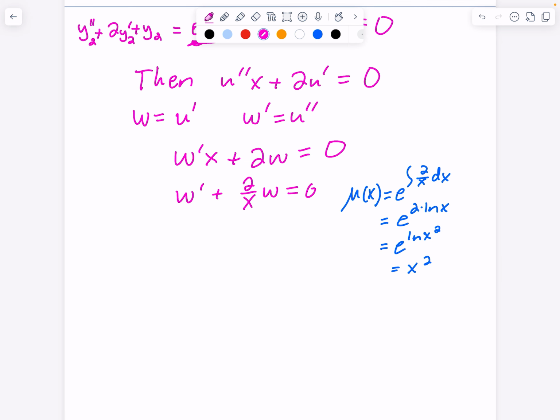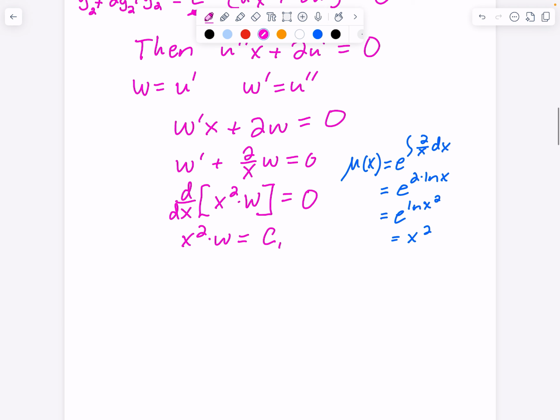So knowing my first order linear, I know d dx of this times my integrating factor times my dependent variable equals that. If I take the integral of both sides, I get x squared w equals a constant. I'm going to call it C1 because these things are going to change a bit.